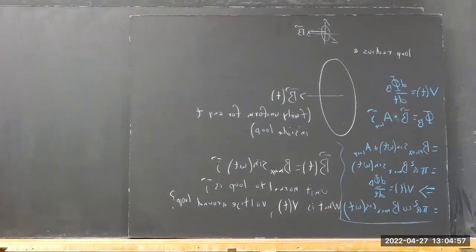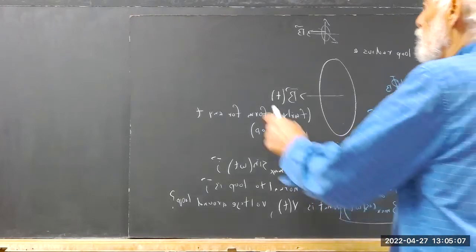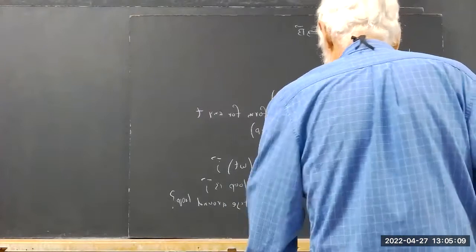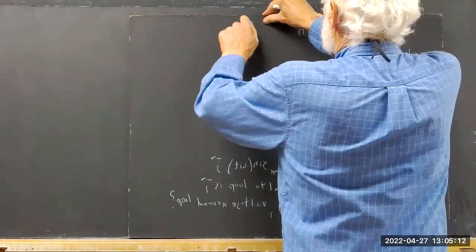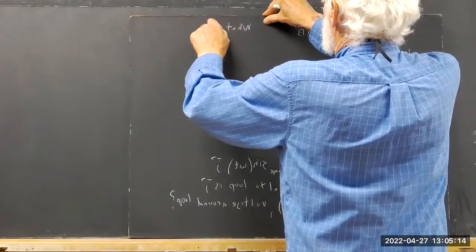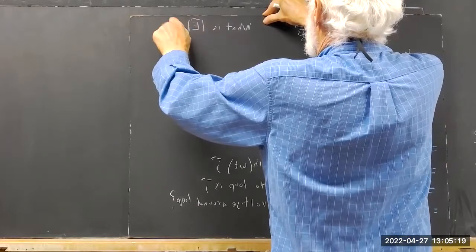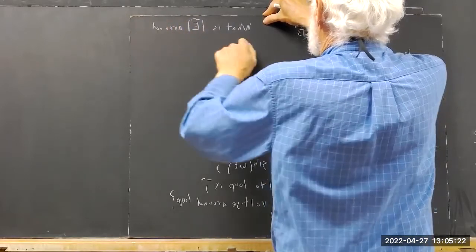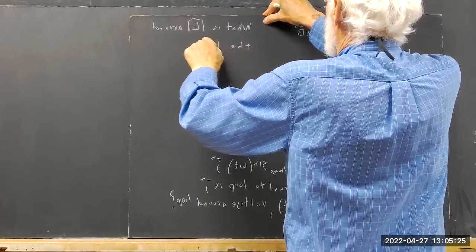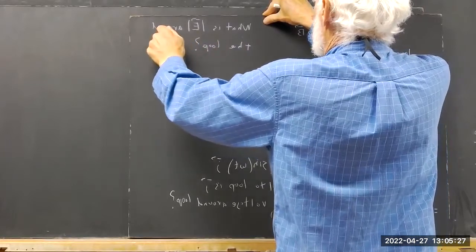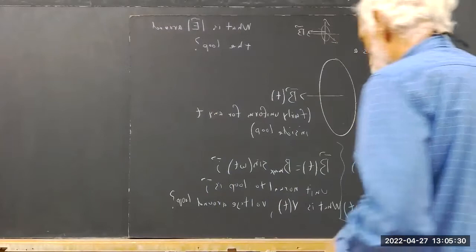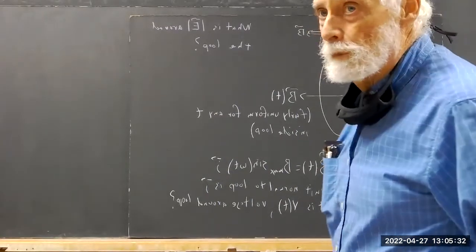So my question then is, what's the electric field around this loop? Now pose this question: what's the magnitude of V around the loop?